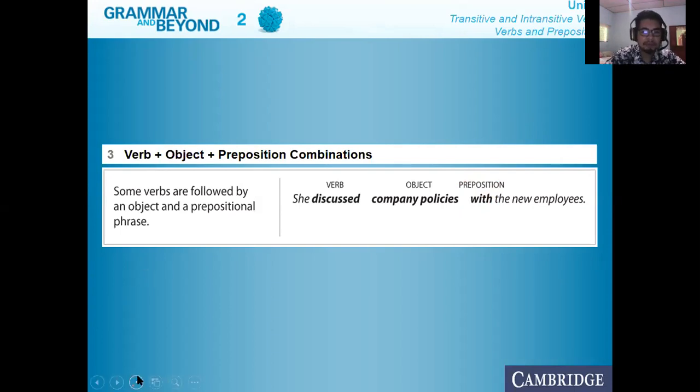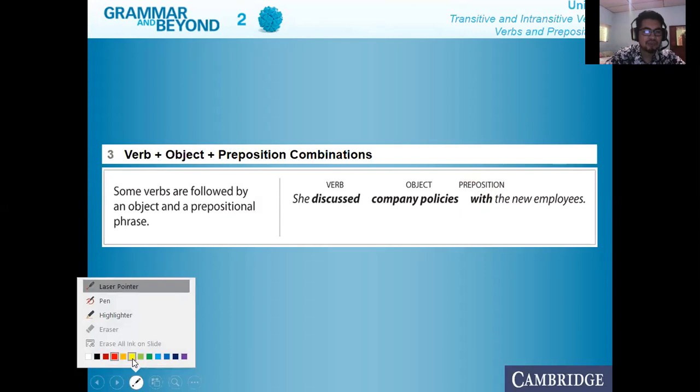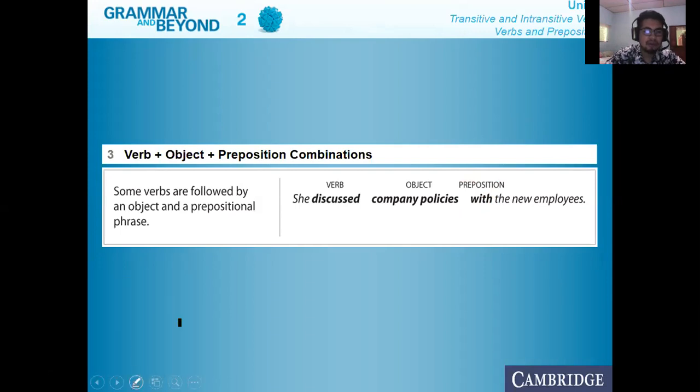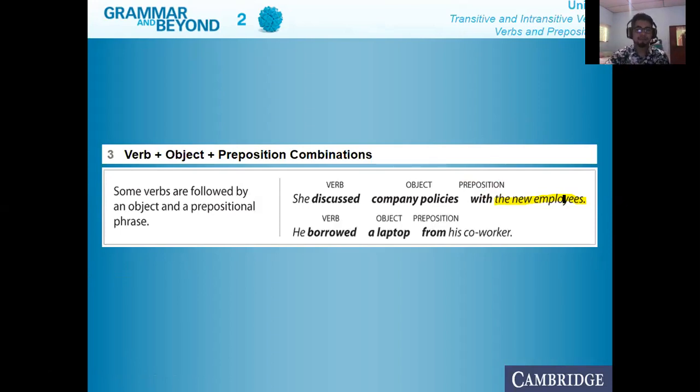Normally, after a preposition, it's really common that we are always going to have a noun, like in this one. You have the new employees. All of that is one single noun, even though you have three words. Why? Because these are just distractors, but this one is the main word that we're looking for. Therefore, in this case, this is a noun.